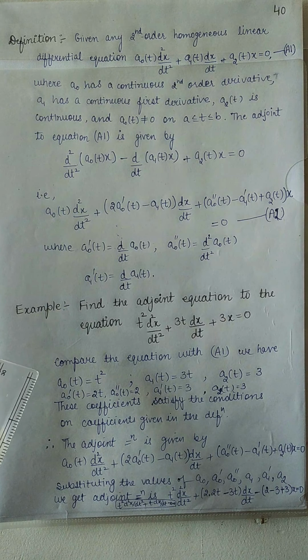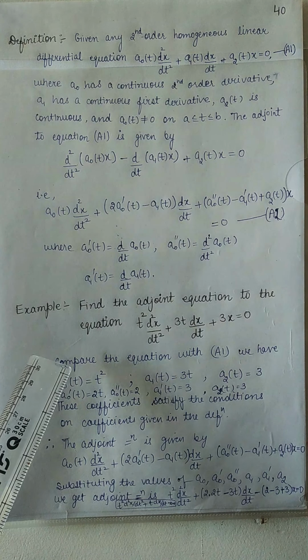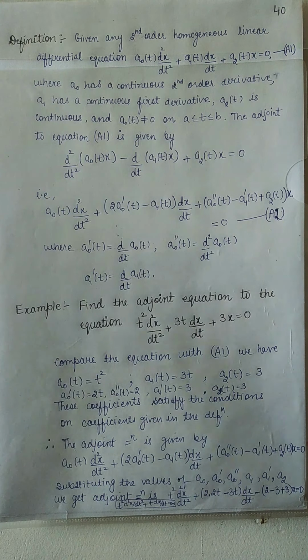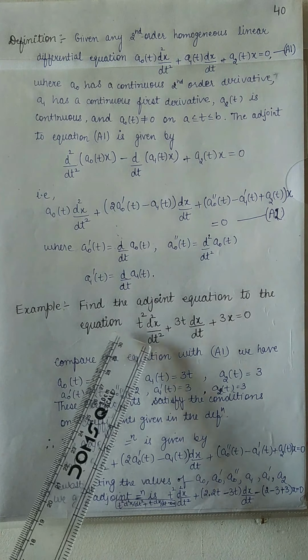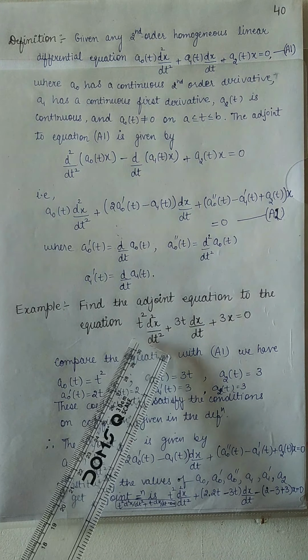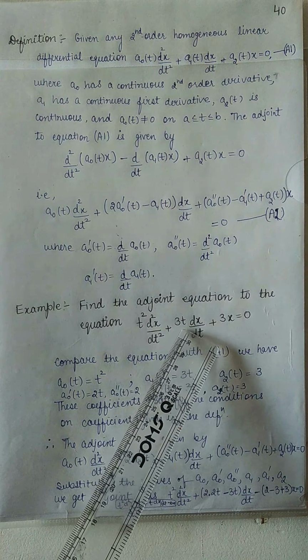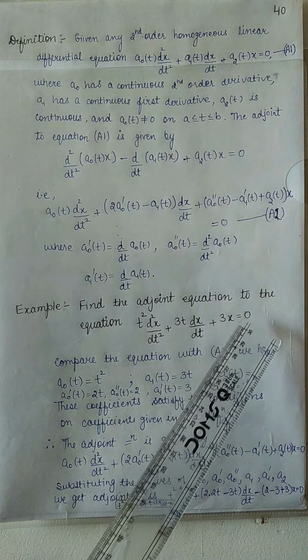Now, let us start with an example of an adjoint equation. Consider the equation t square d square x by dt square plus 3t dx by dt plus 3x is equal to 0.